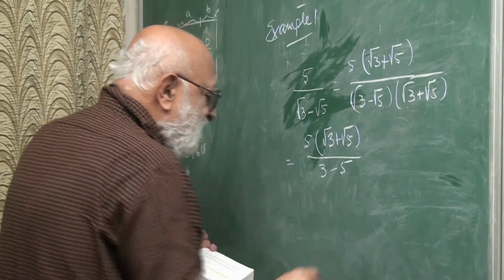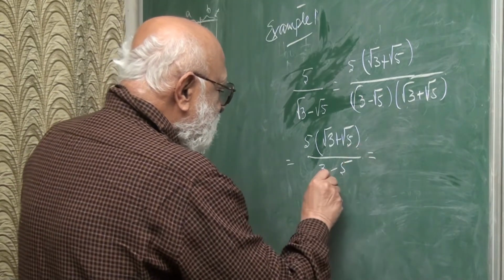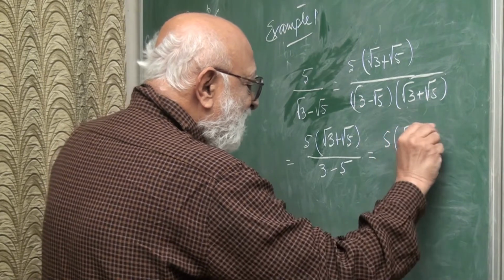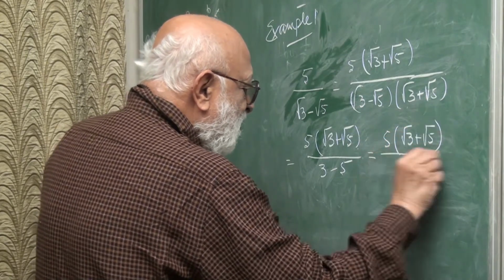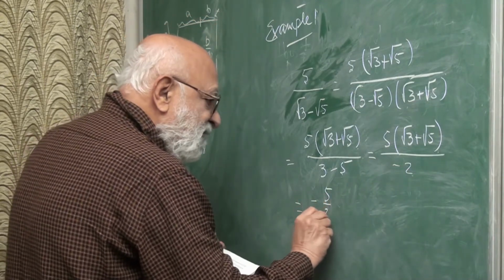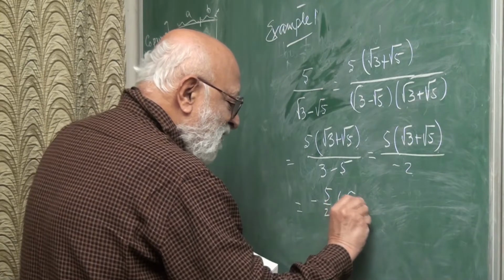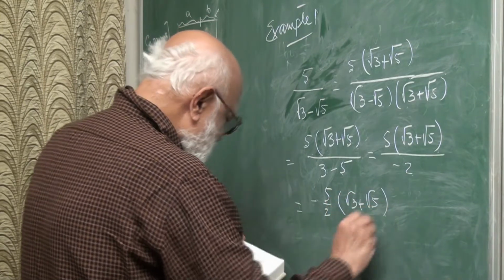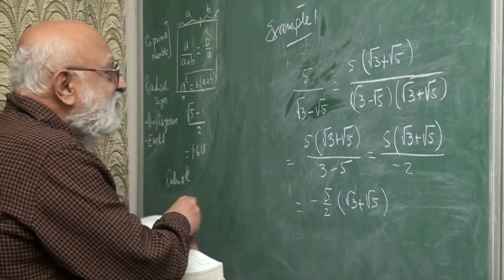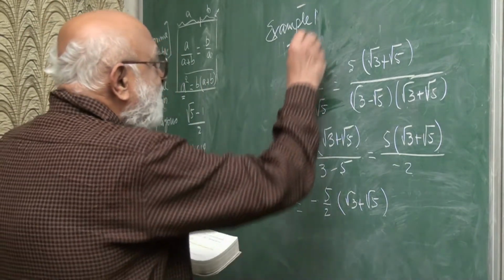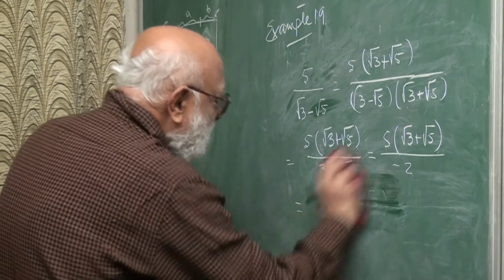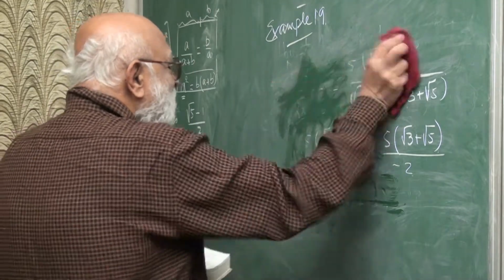Minus was already there, so this would be 5 into root 3 plus root 5 divided by minus 2, so that you can take it as minus 5 over 2, root 3 plus root 5. So this is done. Okay, so this was example number 19. This one is no issue.